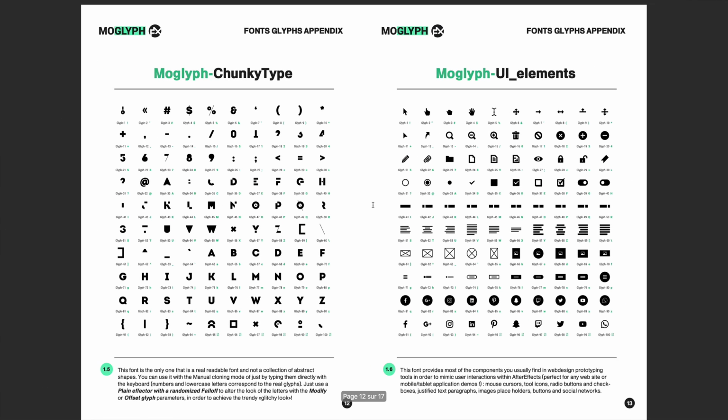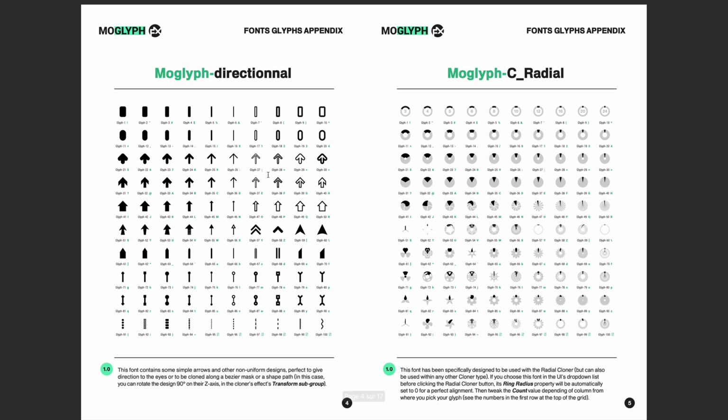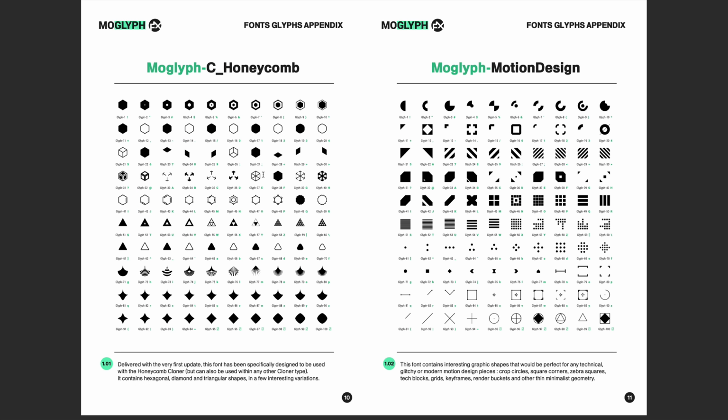By the way, since this is a regular system font, you can use these fonts in other applications as well, for example Adobe Illustrator. This is what I usually do to make my design choices and storyboard my motion pieces. It's pretty cool to have this PDF document next to me when I make design choices with MoglyphFX.